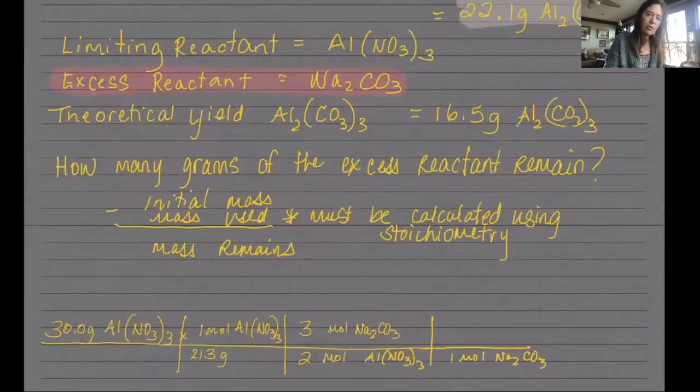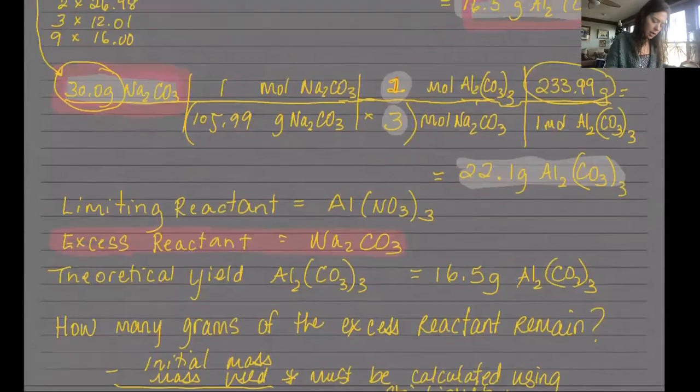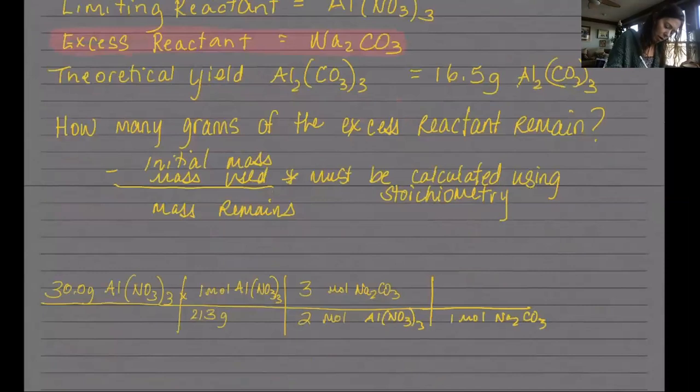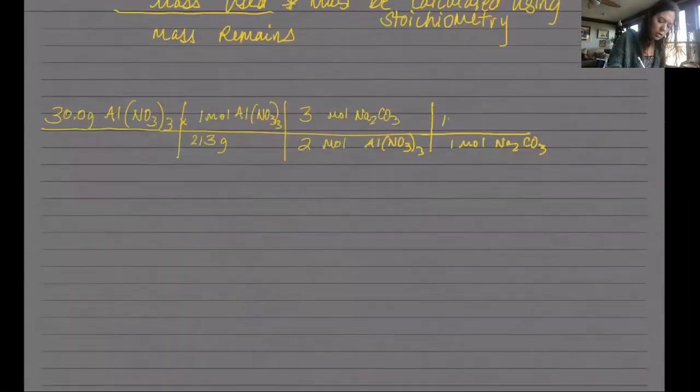It is 105.99. Okay, it's right here. Everything's labeled. It makes it really easy to find your numbers and you don't get as confused. So if you are rushing, it's not going to work, okay? You need to take your time and make it nice and neat. Let's go ahead and solve our problem.